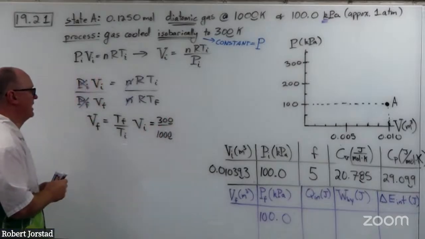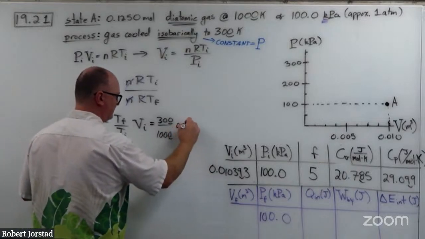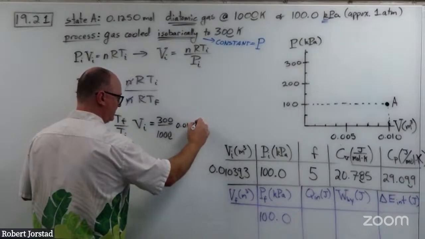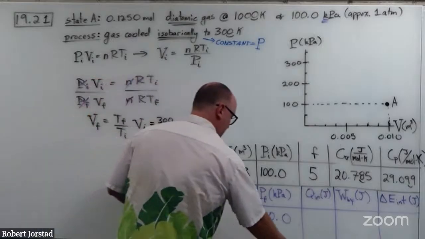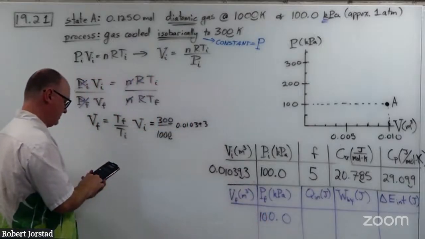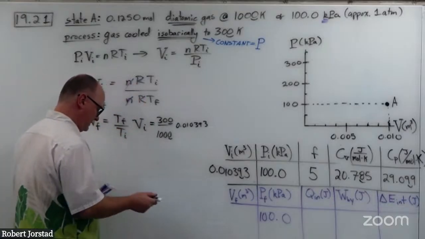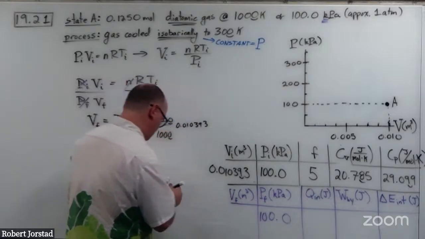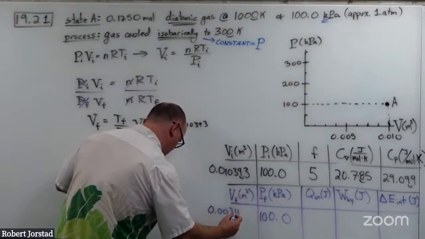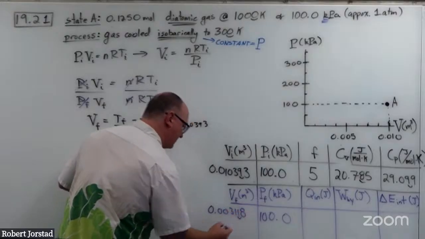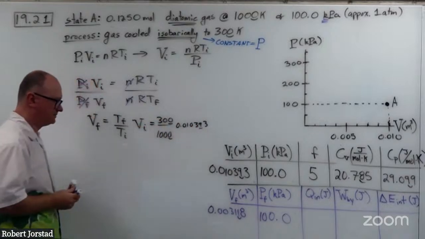And V initial was this junk. Cranking that out, what do we get? So times 0.3. There's our 0.01039 back again. Whoops. 0.003118. This one only has 3 sig figs. Right, we had 4. Okay, got it.